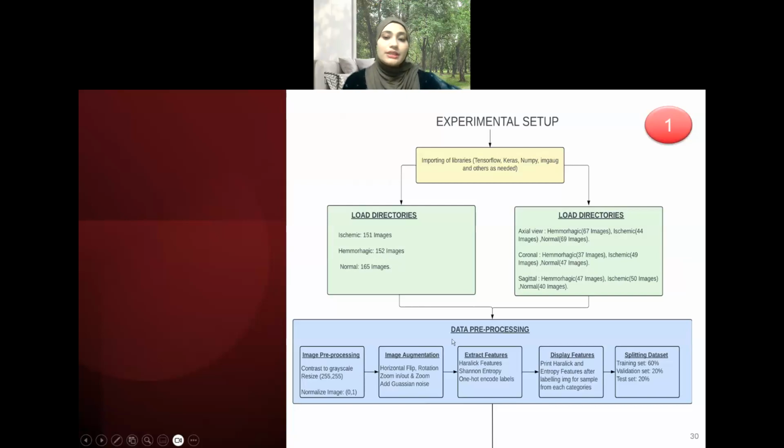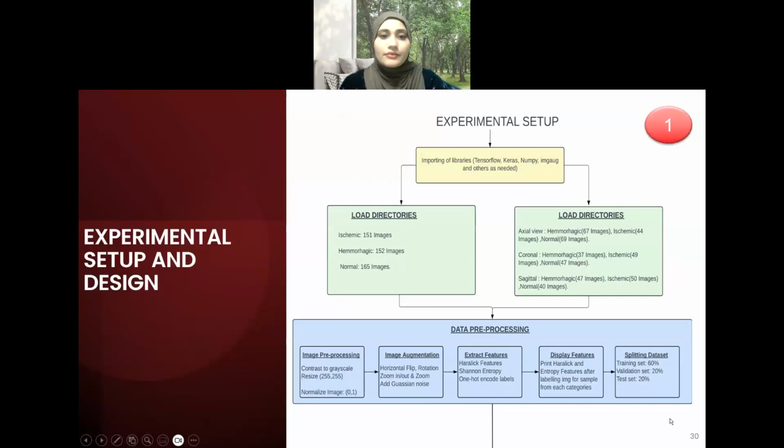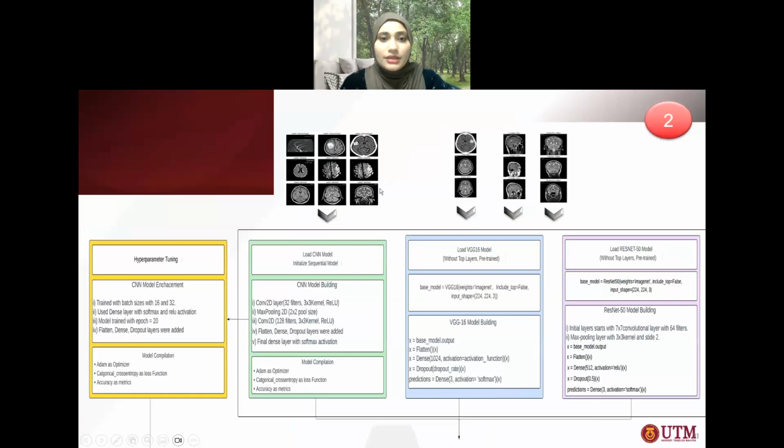First of all, we will go through data pre-processing, where we pre-process our images, then do augmentation, then extract features, where we do the labeling, then we display the features, where we print out after and before, then we split the data set. Training set we have 60%, testing 20%, and validation 20% as well. So this is how it goes.